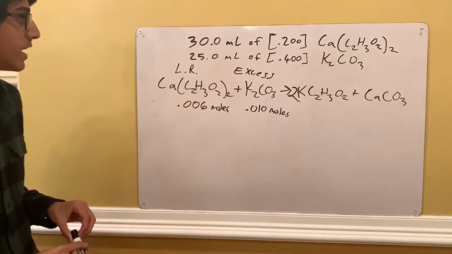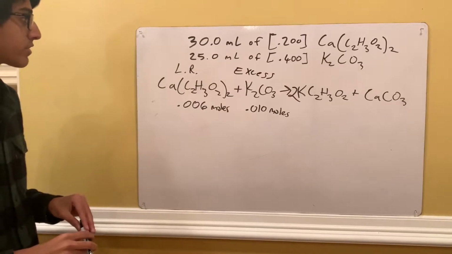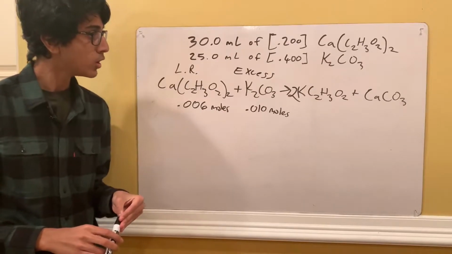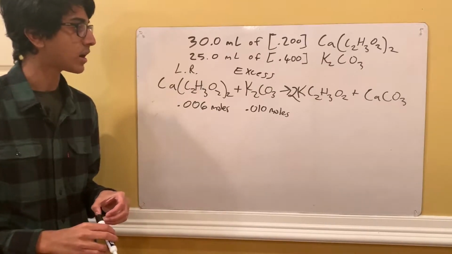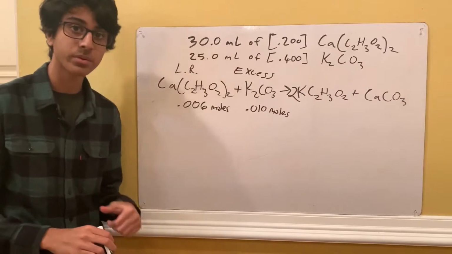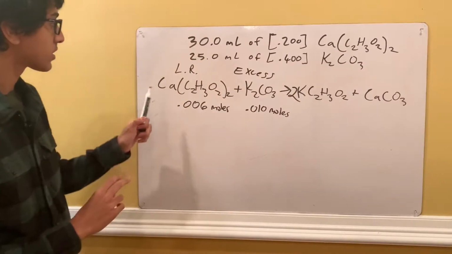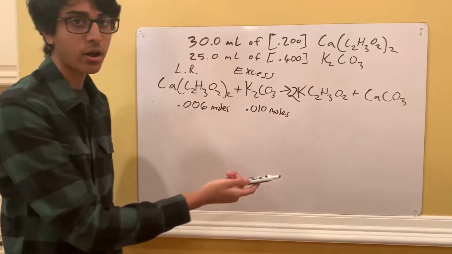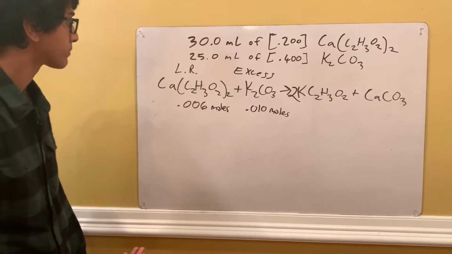Now we can start by solving for our first concentration. We know that whatever ion appears in the limiting reactant and then in the insoluble product has a concentration of 0.